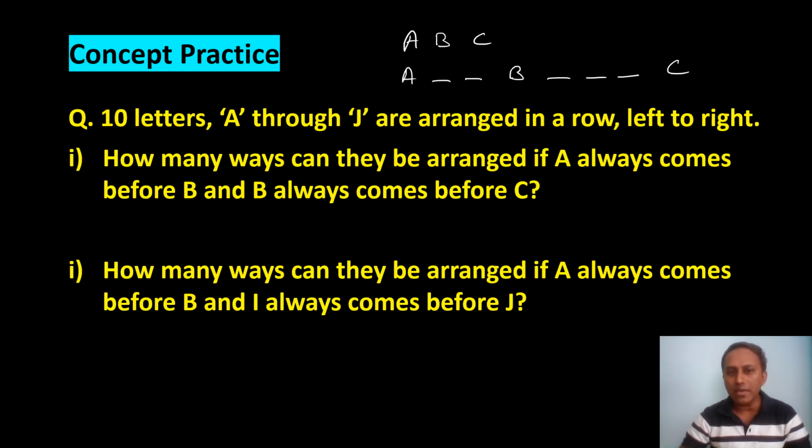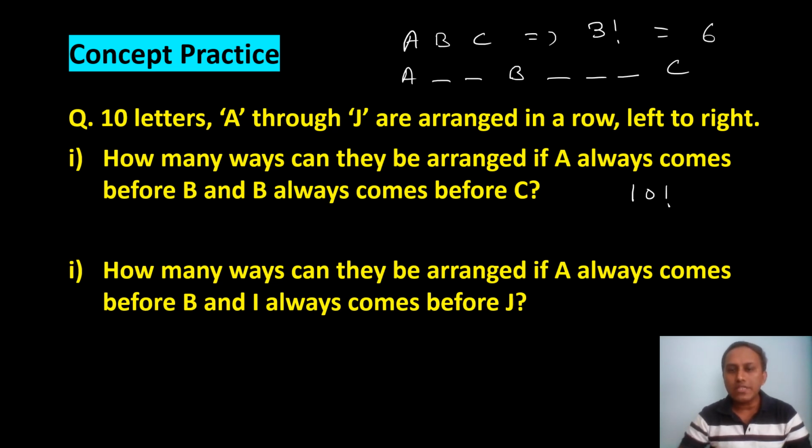There are 10 letters A through J, so all are separate. So the number of arrangements of 10 letters without any constraint is 10 factorial. Now A, B, C: if I consider these 3 letters, how many ways can you rearrange these 3 letters among themselves? 3 factorial, that is 6.